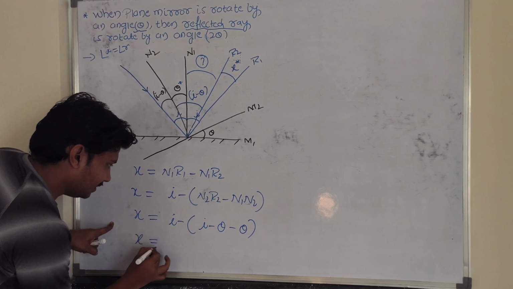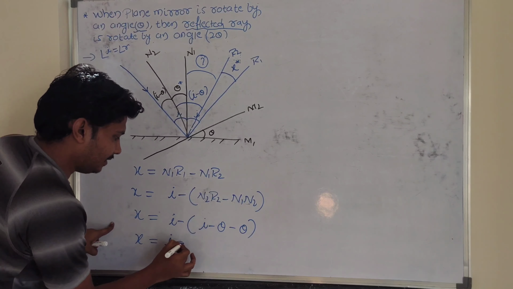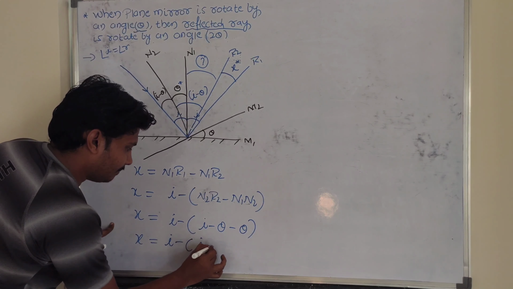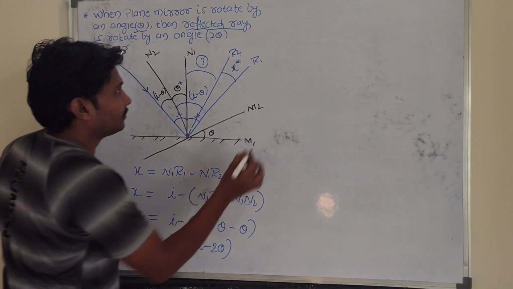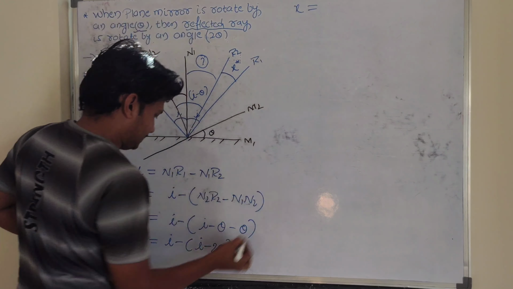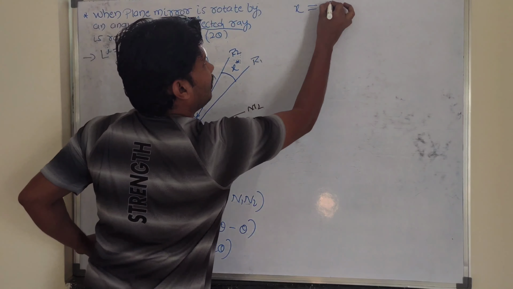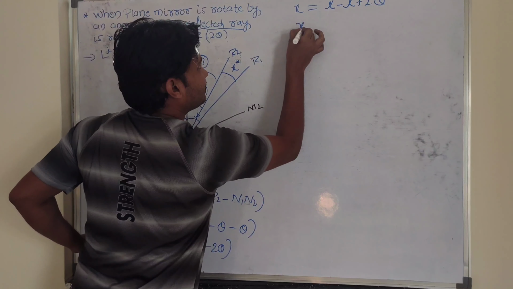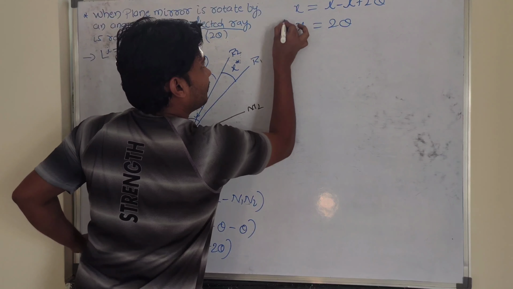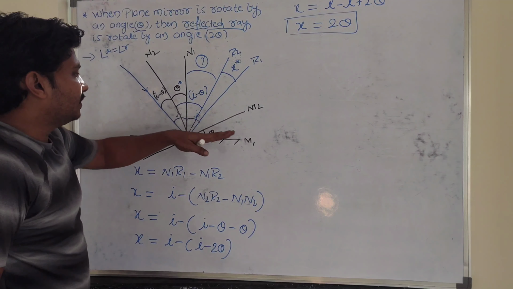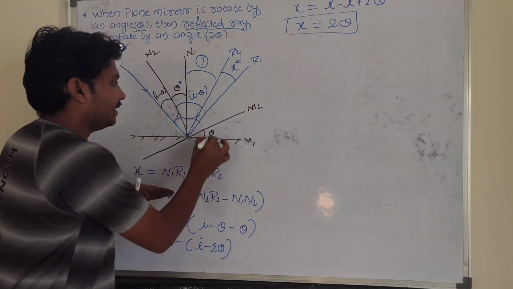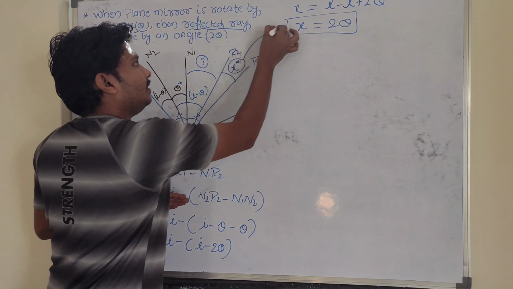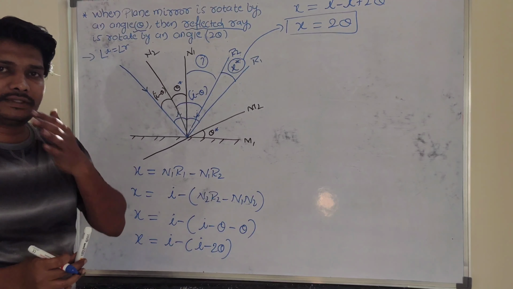So finally x is equivalent to I minus (I minus 2 theta), which is x equals 2 theta. The physical meaning is if the mirror is rotated by an angle theta degree, then the reflected light is rotated by an angle of 2 times theta.